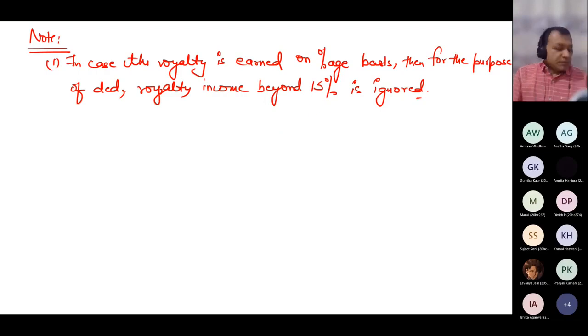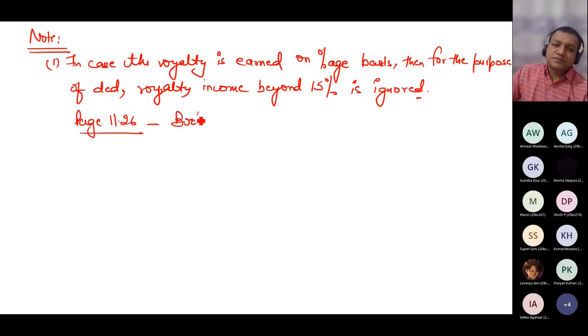So let me discuss an example from my book. Then you will better understand what is this extra 15% that is ignored. This illustration is given on page 26 from my book. I will give you only the brief point and then I will explain.